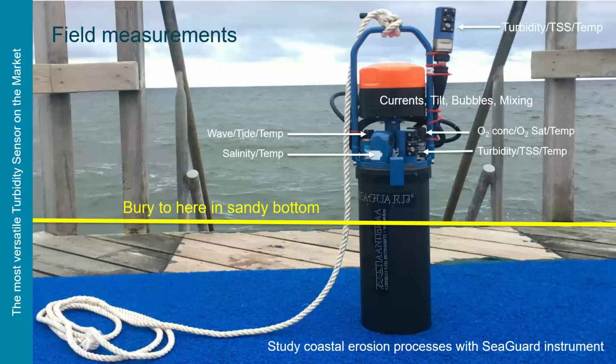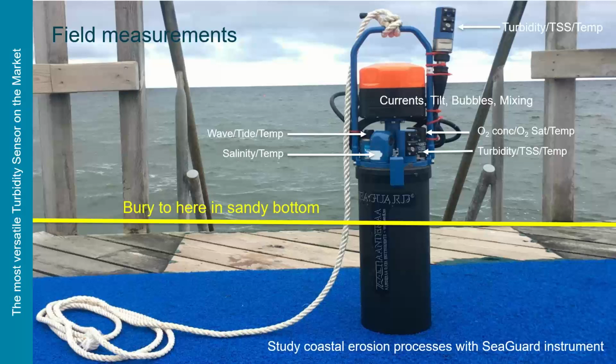And in this case, we use a Seaguard instrument, and here the multi-parameter feature is very useful. We measure currents with a single point current sensor. That's the orange one. This is an old instrument, so it has orange. The new ones have black. And then we include the wave and tide sensor, which is pressure based, and it gives us all the wave information we want.